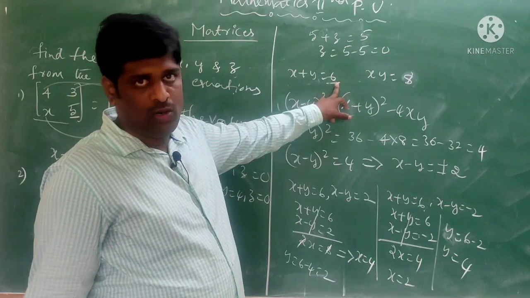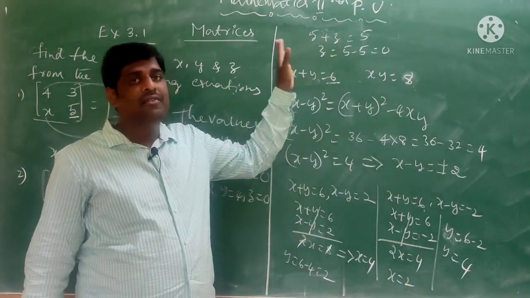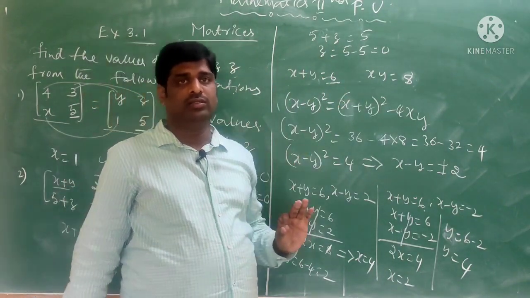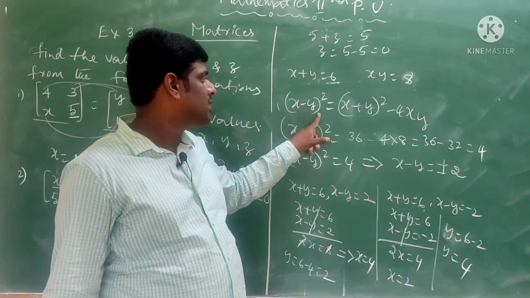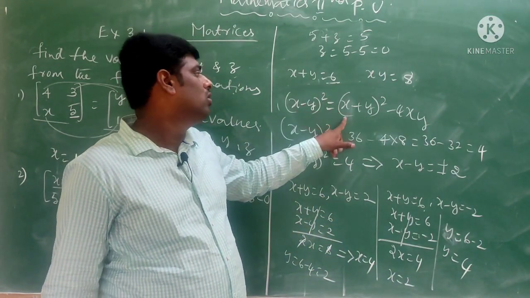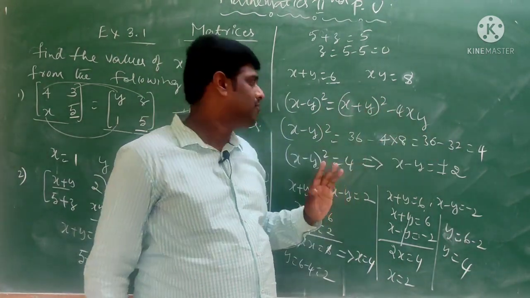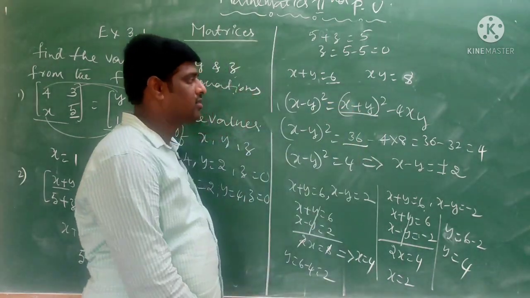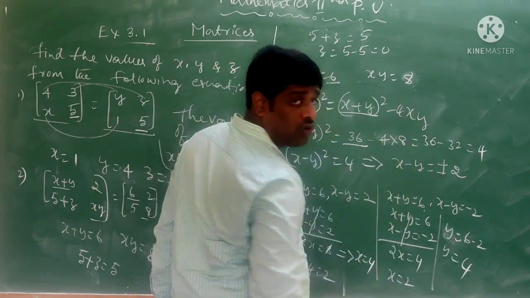X plus y is equal to 6, xy is equal to 8. Here we can't solve by the linear equation method. We have one formula. Okay, so already you studied that formula in SSLC. x minus y whole square is equal to x plus y whole square minus 4xy. Here x plus y whole square is how much? 36. xy is 8, 4 8s are 32, that is 4.